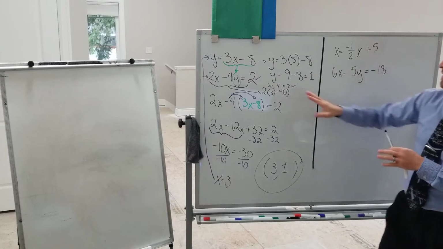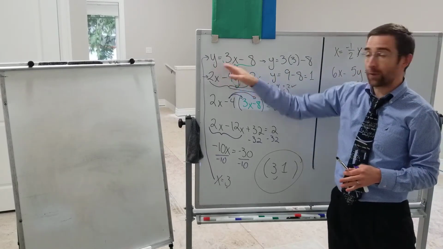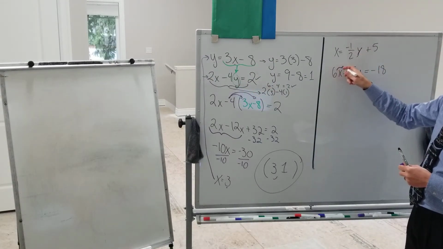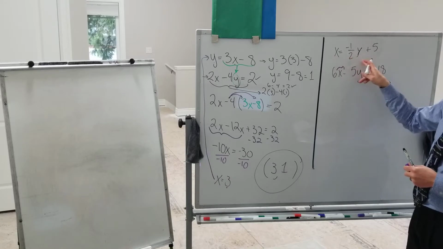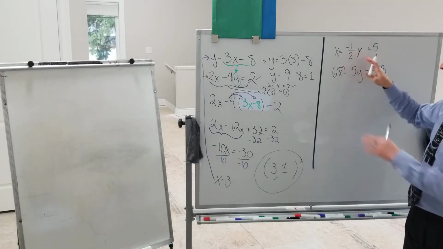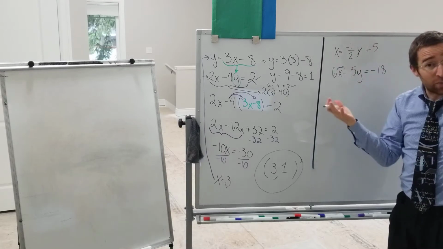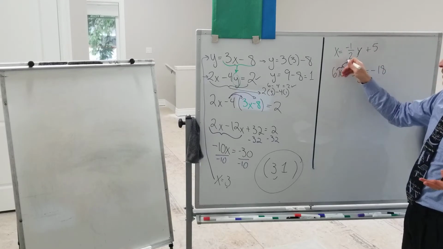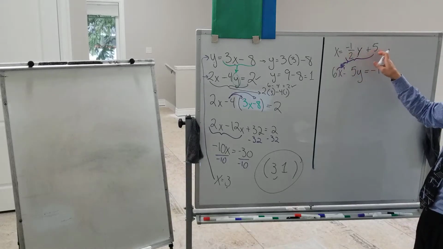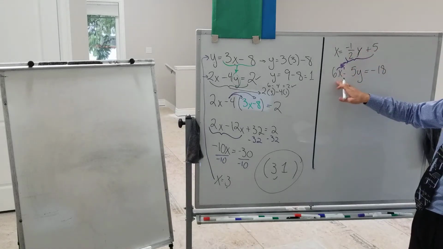So here, instead of replacing the y, like we did in the last problem, we're going to replace the x, because it's x equals, so x and negative 1/2 y plus 5, those are the same thing, they're equal. So I can replace or substitute a negative 1/2 y plus 5 for the x.